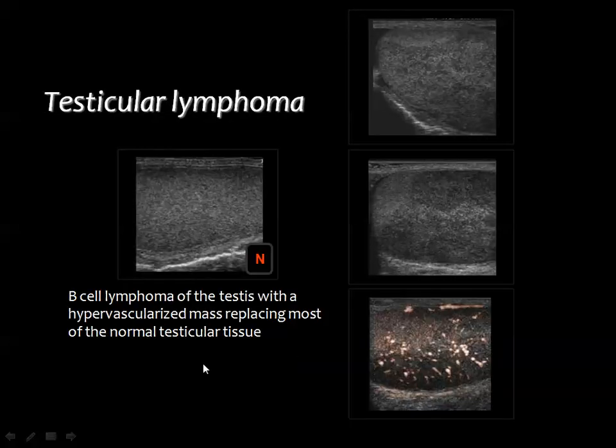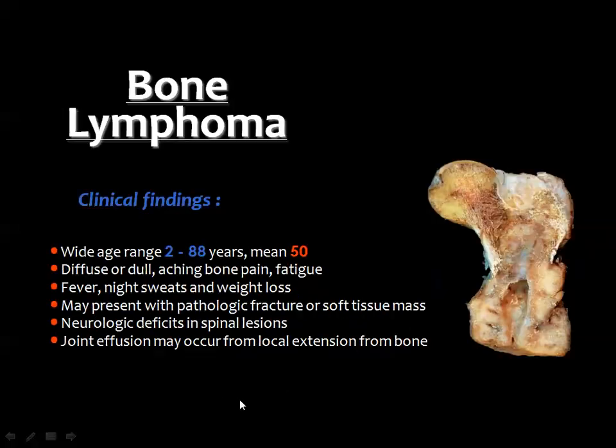And this is the appearance of the normal testis by ultrasound. And if you look here, you can see that the testicular parenchyma is involved by multiple ill-defined hypoechoic masses compared to this normal homogeneous echotexture of the testis. On the Doppler study, you can see hypervascularity of the lesion.